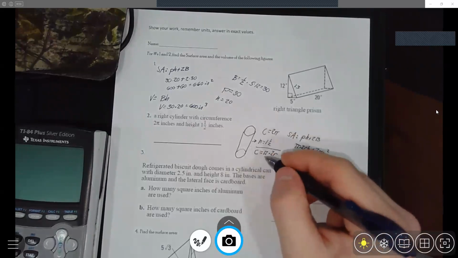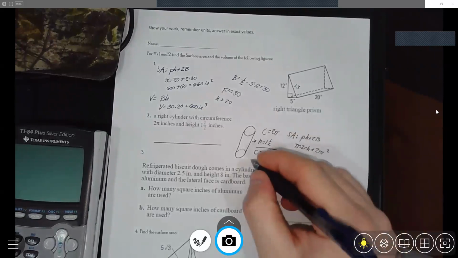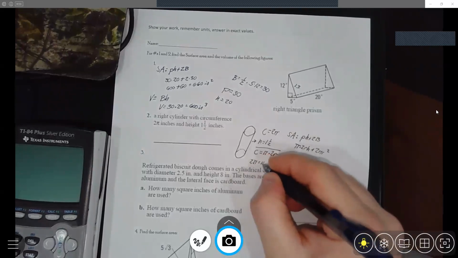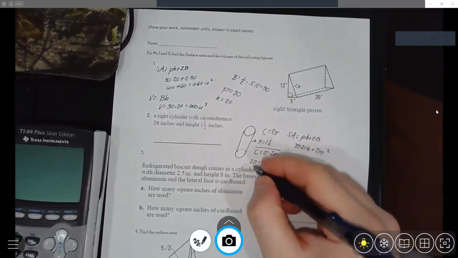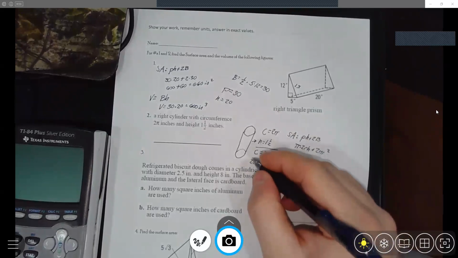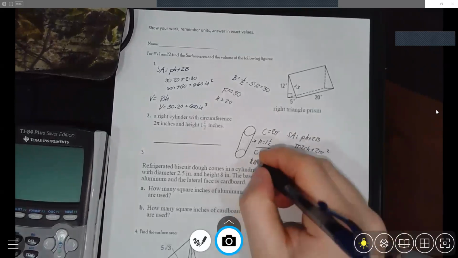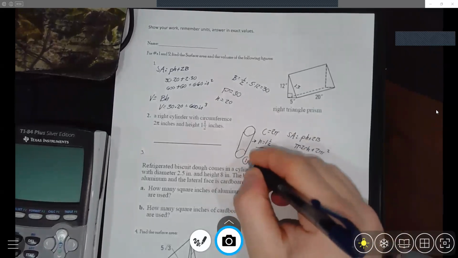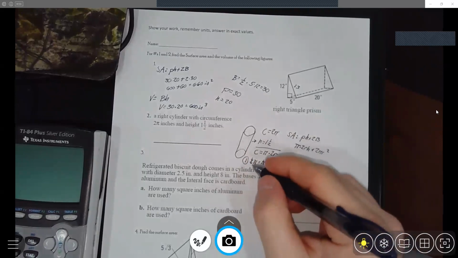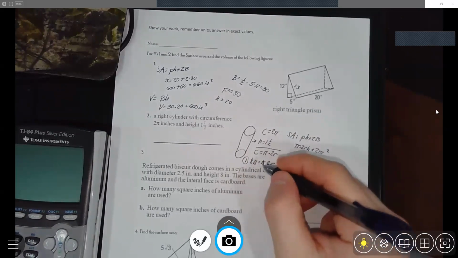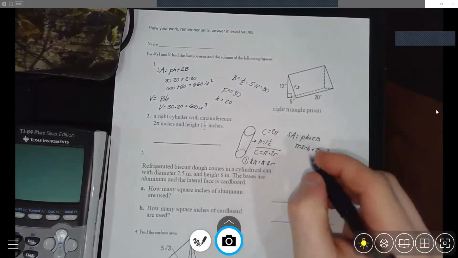We know the formula is pi times 2r. So we can set them equal. So the pi's will cancel on both sides, as will the 2's. And you're not left with 0 over here, we're left with 1. Because divide both sides by pi, and then divide both sides by 2, you get 1. So 1 is the radius.